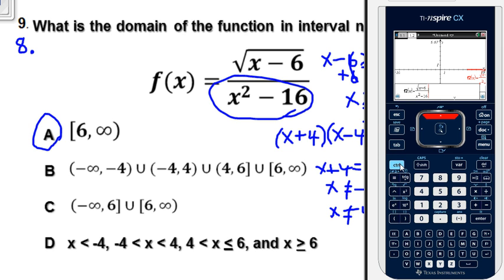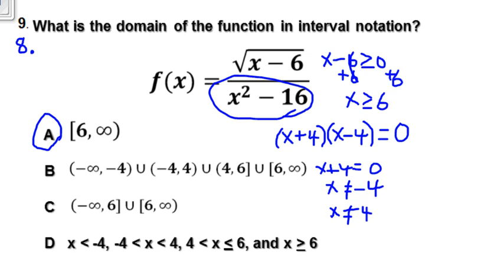Let's go to the table view. If we go to Control T and see what we see there, we see here at 0 error, 1 error, 2, 3, 4, 5, and at 6 we see 0, and then at 7.03 and so on. And so we see indeed, using the table view, that this answer A is our correct answer.